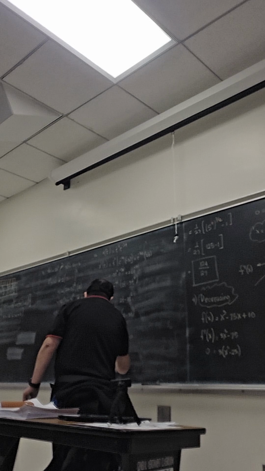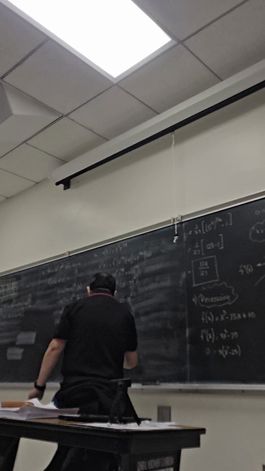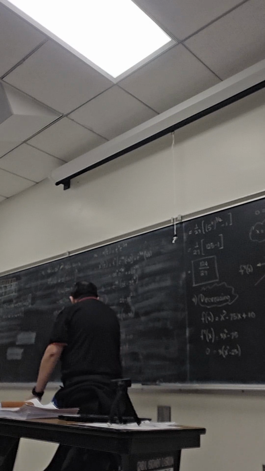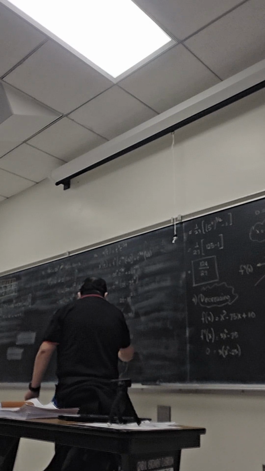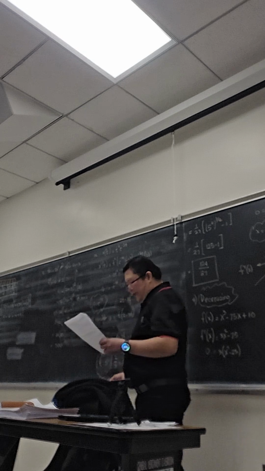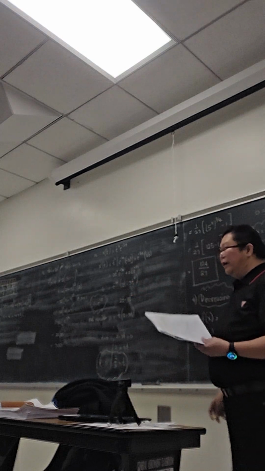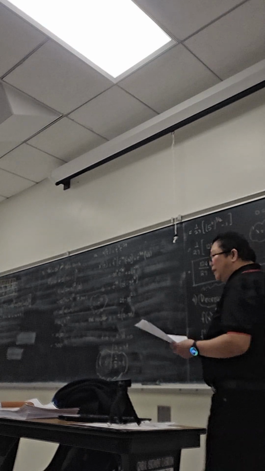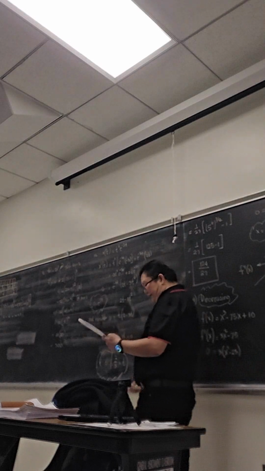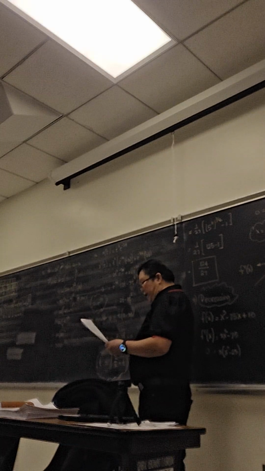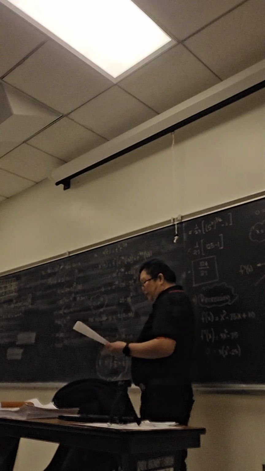Okay, 2/3, and right here is 0. So these are the values of t: 0 and 2/3. So what letter is this? Letter C, right? 0 and 2/3.